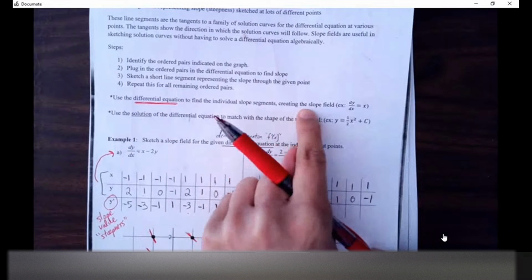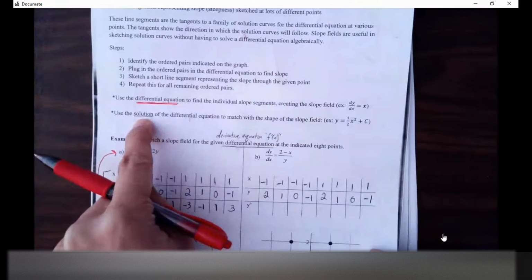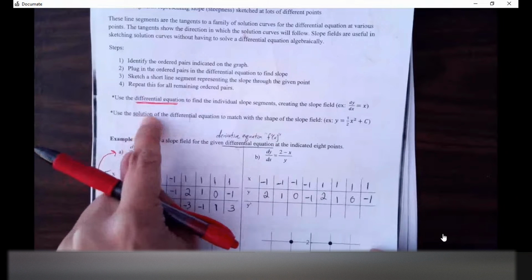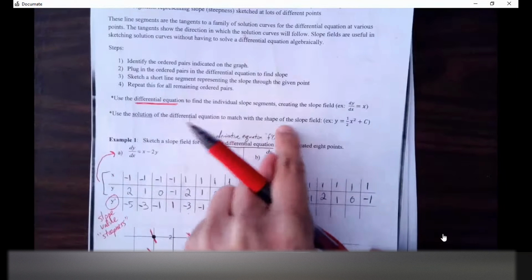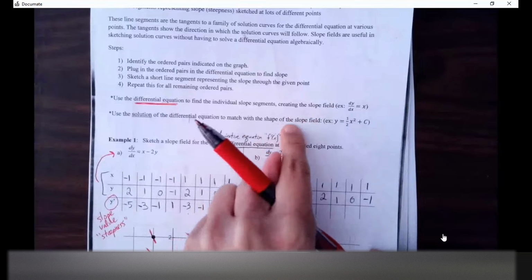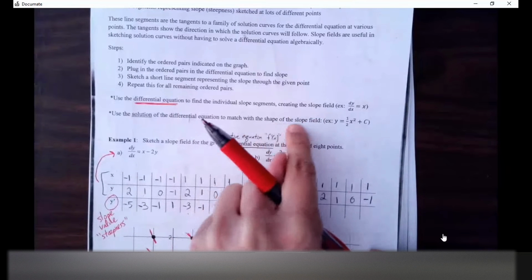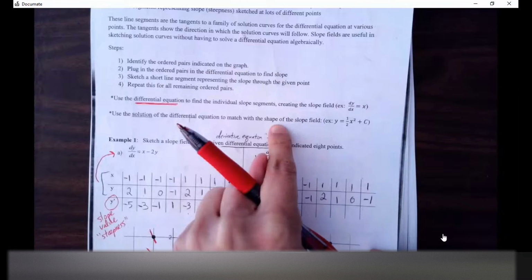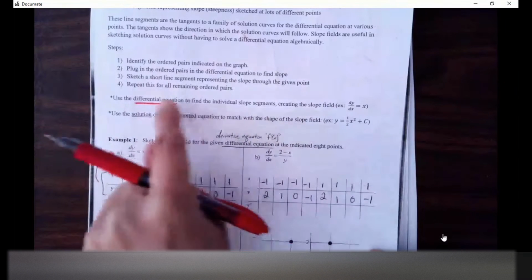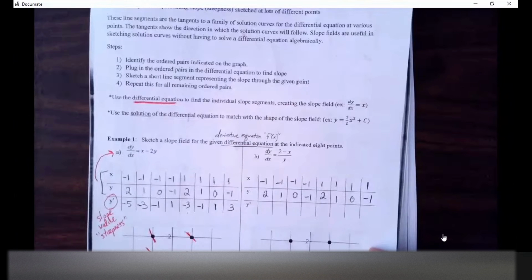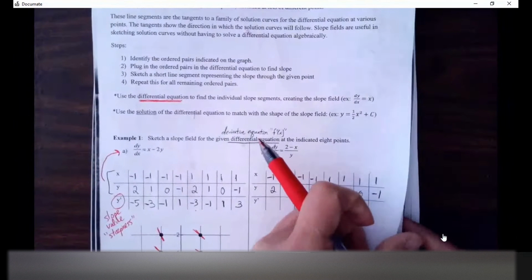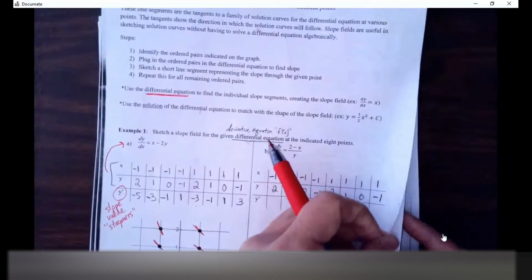That's at the creation level. But once we arrive at the solution, once we take the antiderivative, that solution should match with the shape, with the flow, with the general pattern of the graph. Okay, so the solution matches with the pattern, the derivative matches with the individual segments. Okay, so that's the big idea I want us to take away.